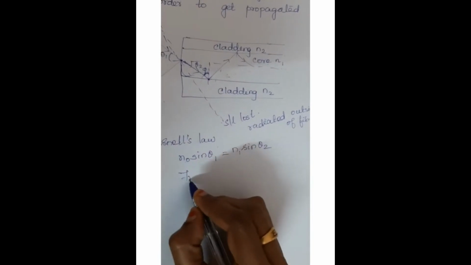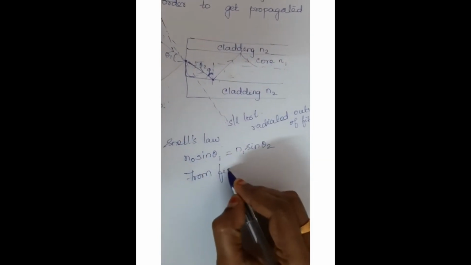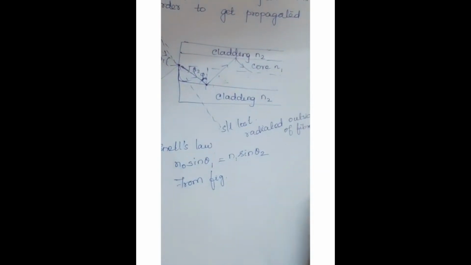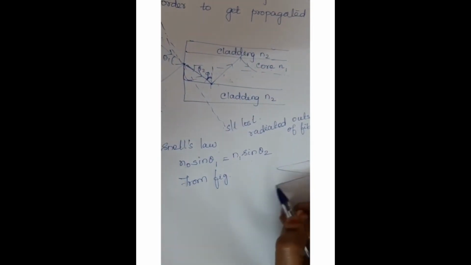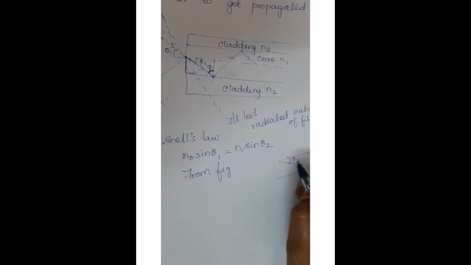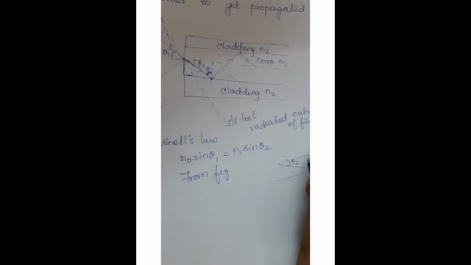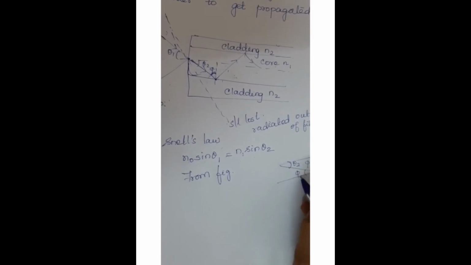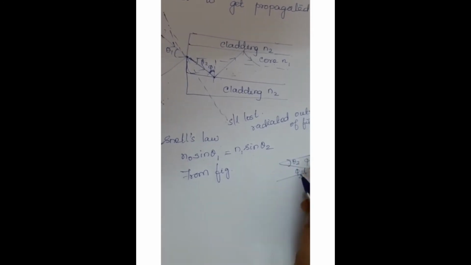Now from the figure, see this portion. It is in the form of a Z, correct? Here the angle theta 2 and here the angle phi. So now these two angles will be equal. So this is also theta 2 and this is also theta 2.